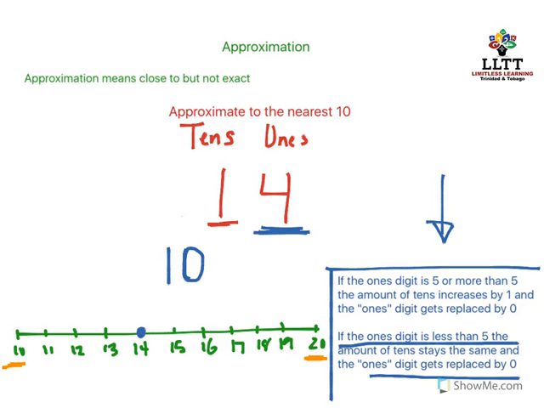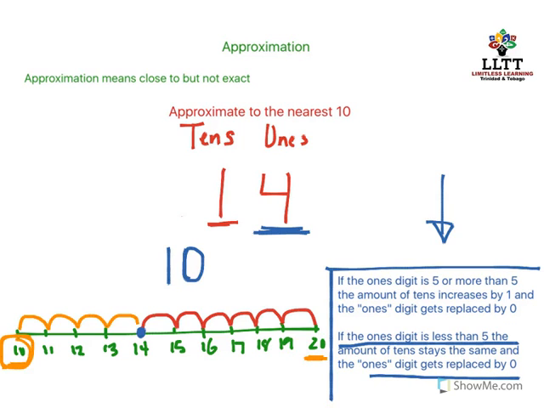We can look at our number line and see that we only have 1, 2, 3, 4 between 10 and 14, whereas we have 1, 2, 3, 4, 5, 6 between 14 and 20. So therefore 14, that's our blue dot, is closer to the number 10.